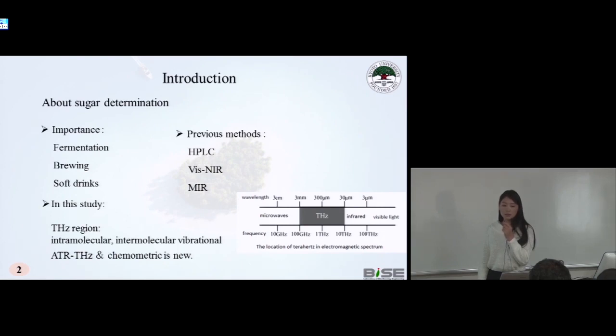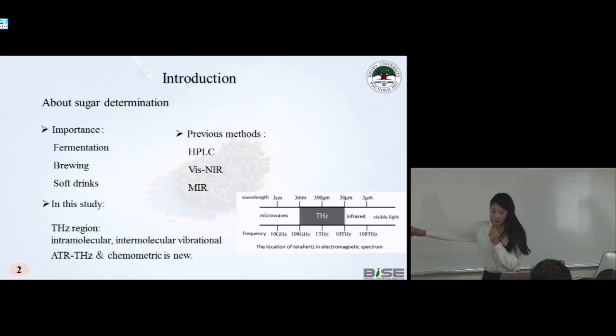Quantitative analysis of sugar concentration in solution is important in fermentation, the brewing process, or the manufacture of soft drinks. The previous methods were HPLC, visible near-infrared, and mid-infrared. But there is no report on the terahertz region.